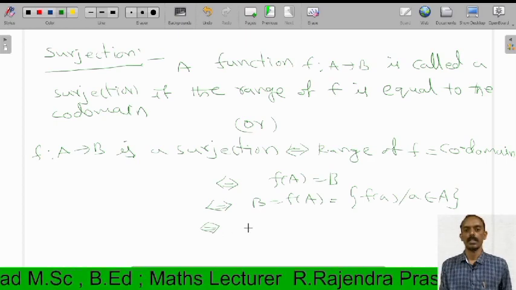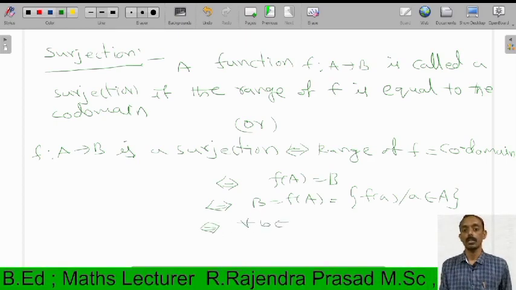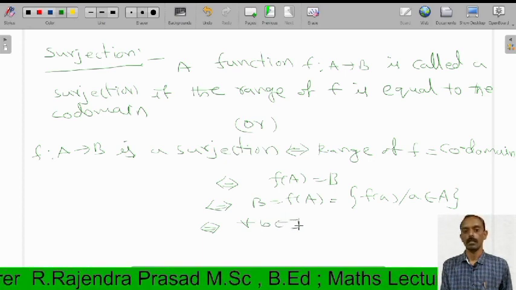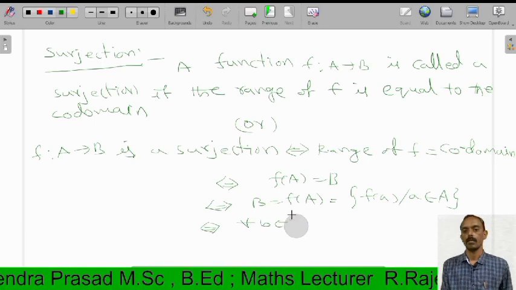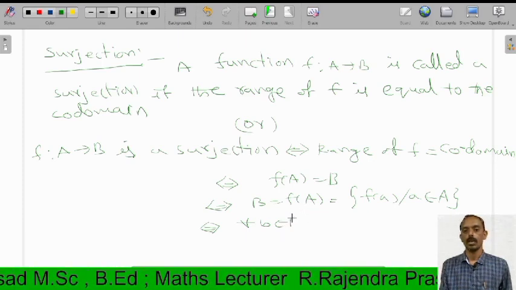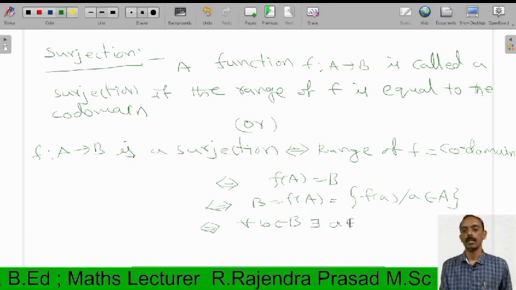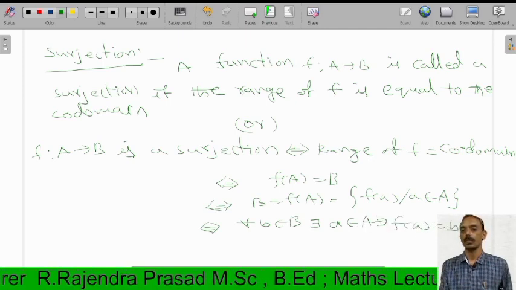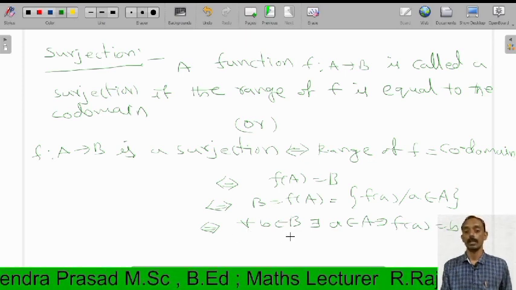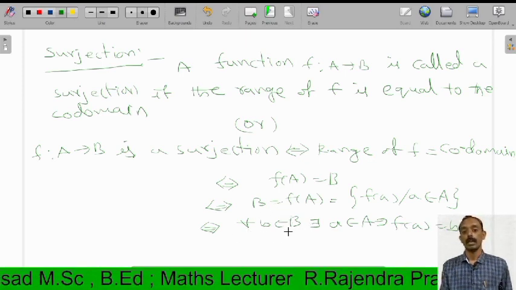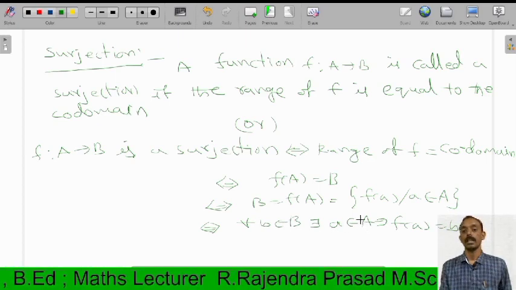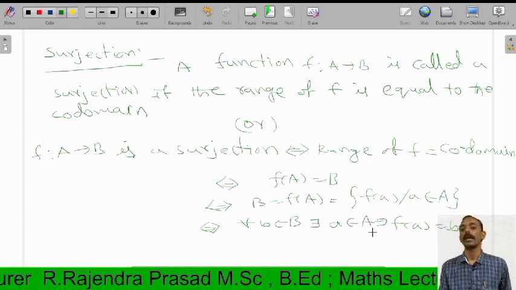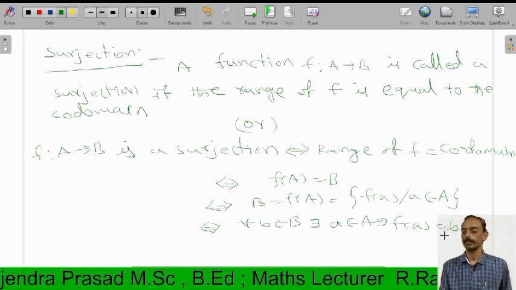Another condition, very important: for all b belongs to B, there exists a belongs to A such that f of a equal to b. Very important. For all b belongs to B, B లో ఉన్న ఎలిమెంట్ కి there exists a belongs to A లో ఒక ప్రీ ఇమేజ్ ఉన్నట్లయితే that is range equal to codomain.